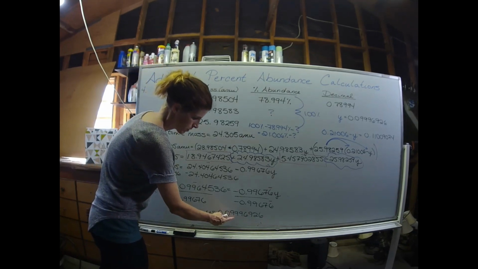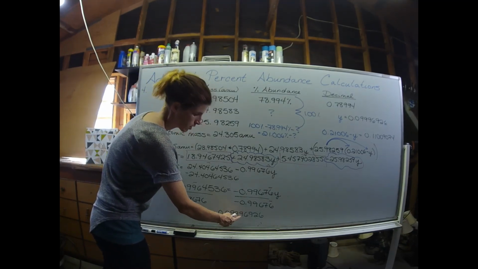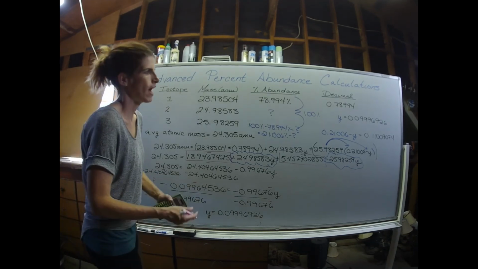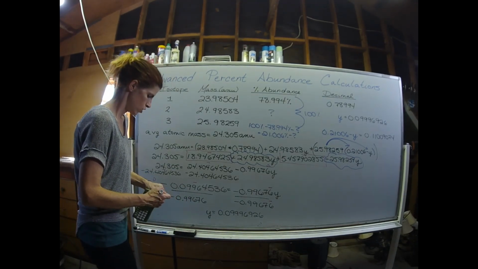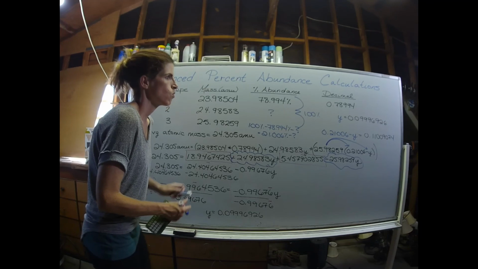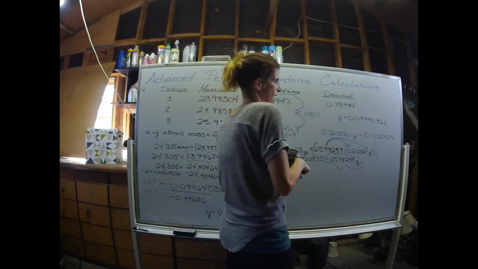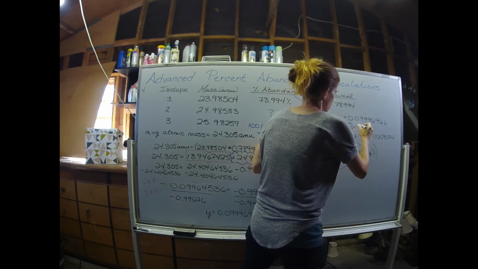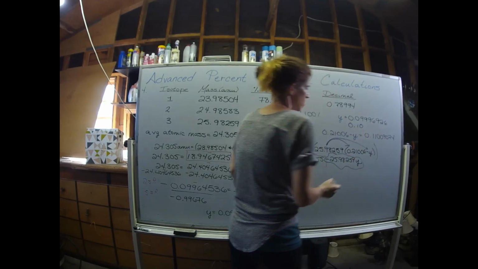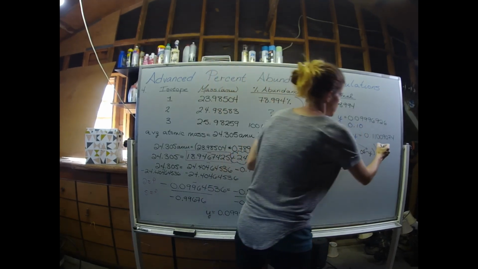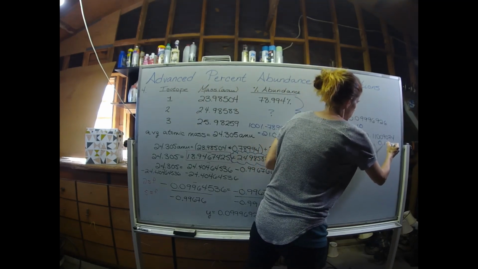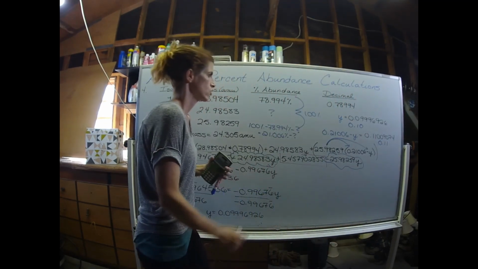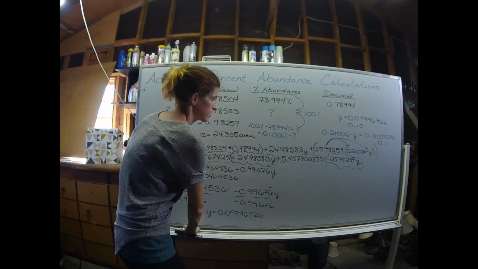So we can keep the 9 and the 9, and we're going to have to round up. So we can do this one as 0.10, and the other value will be 0.11.